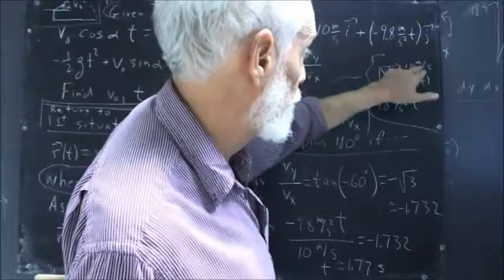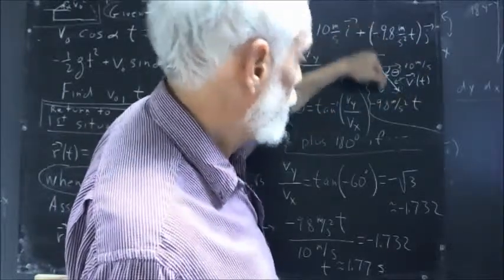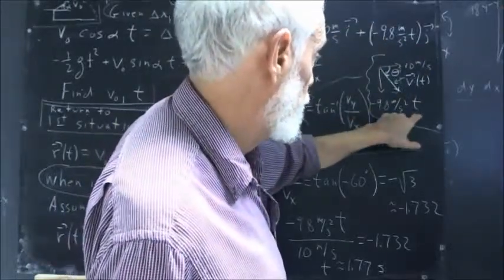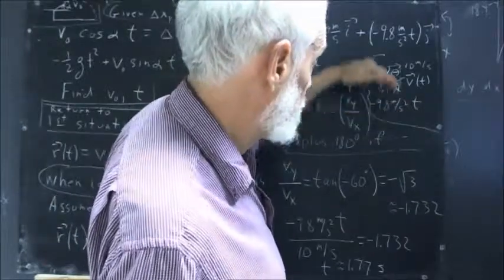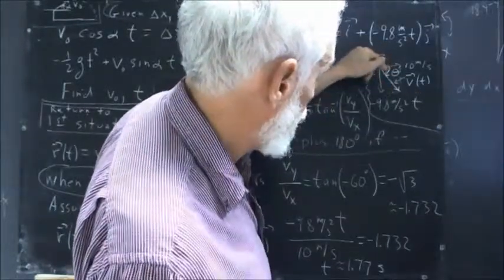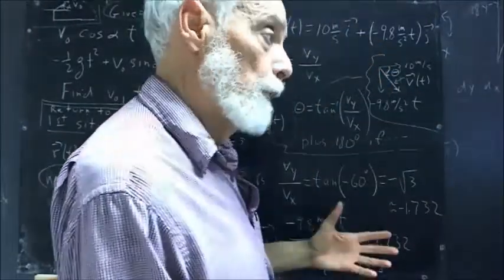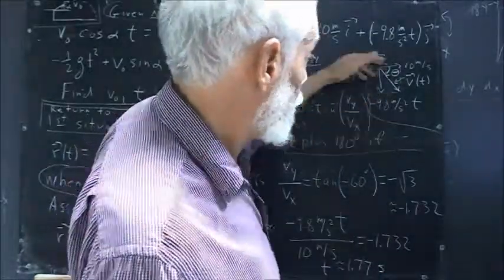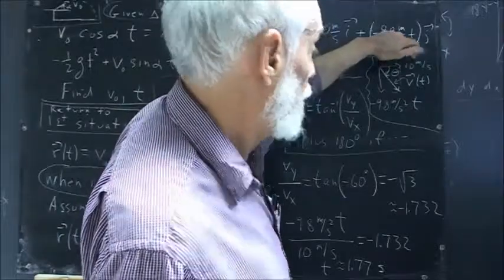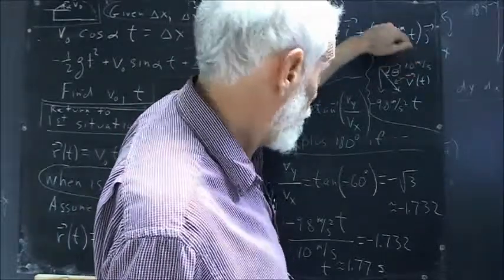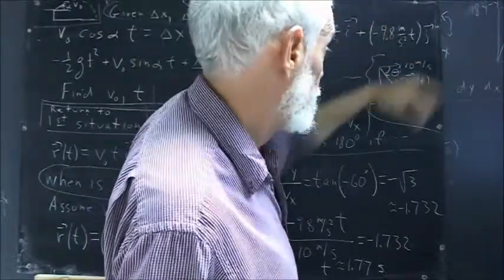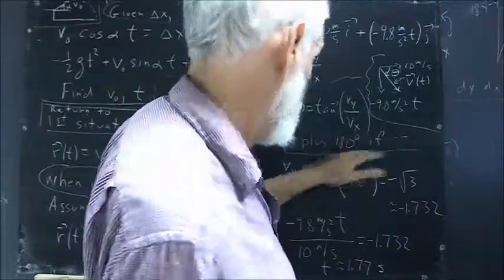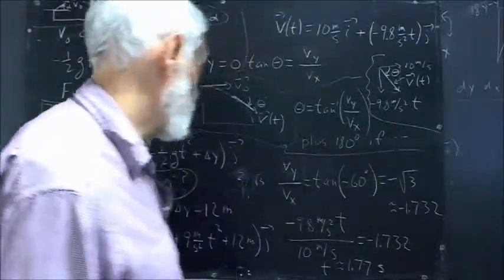So the horizontal component is 10 meters per second. Negative 9.8 meters per second squared times t is the vertical component. There's our v of t. The angle theta is going to be the inverse tangent of the y-coordinate divided by the x-coordinate. The x component of the velocity is 10 meters per second, and that's positive, so we don't have to worry about that 180 degrees.